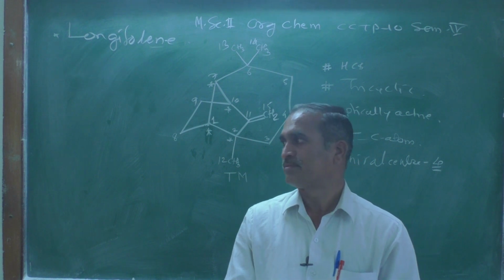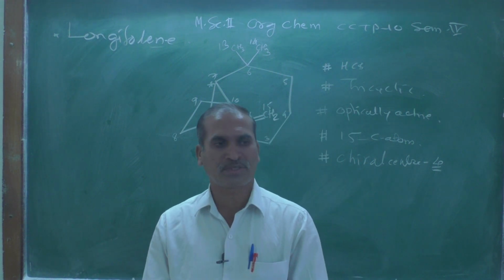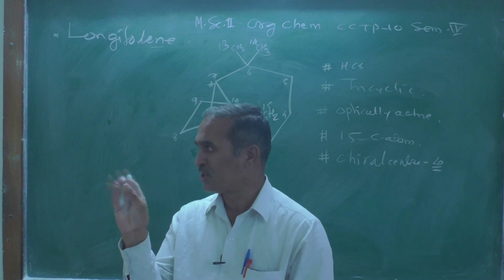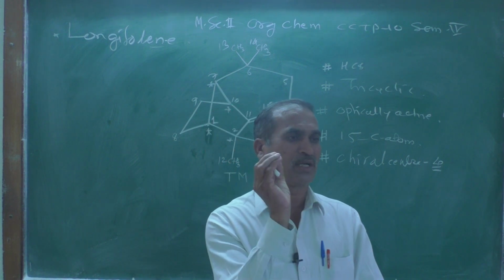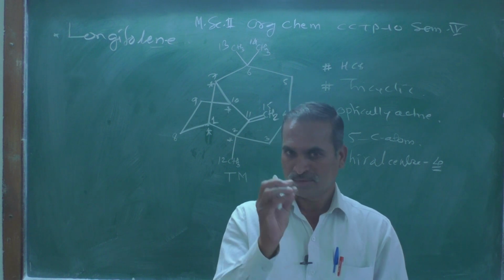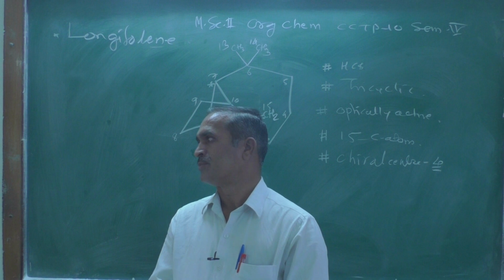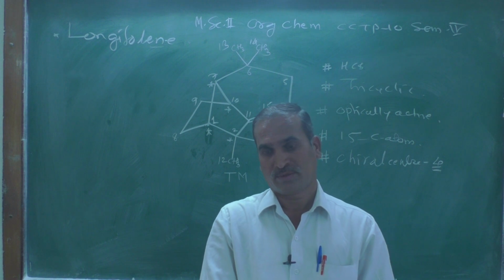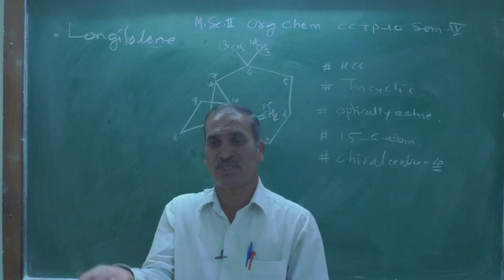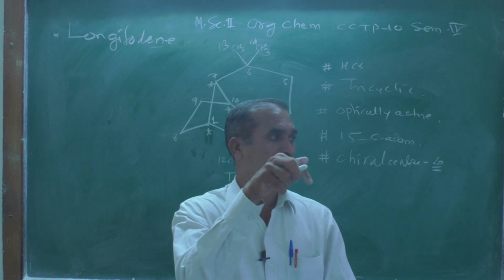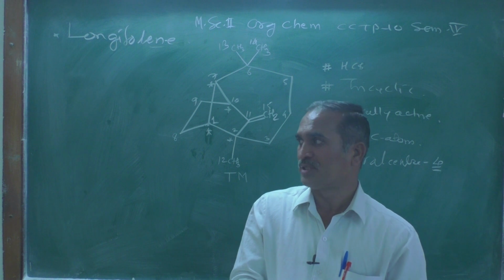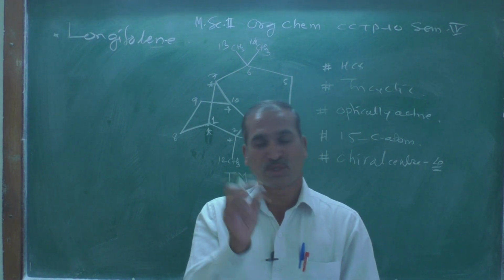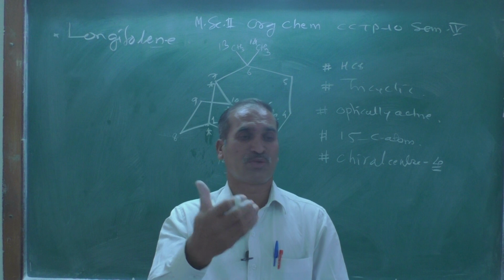Site of reaction means that whenever we carry out any chemical reaction, the whole molecule is not changing, only a particular part of that organic compound goes on changing whenever there is addition of the reagent, and that part is known as the site of reaction, or the functional group.